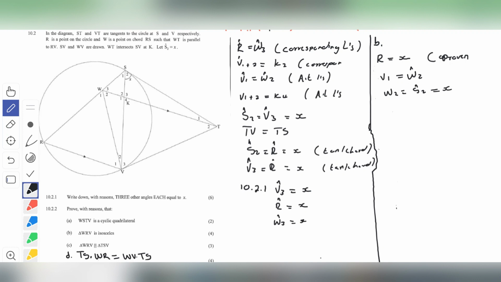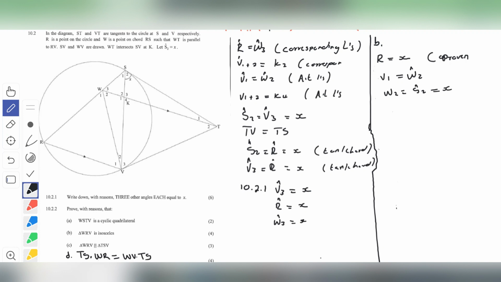So you are now allowed to use the properties of a cyclic quad from WSTV, because you did prove that it's a cyclic quad. Even if you didn't prove it, use those properties after the second question. After proving that it is a cyclic quad, use those properties of a cyclic quad, right?